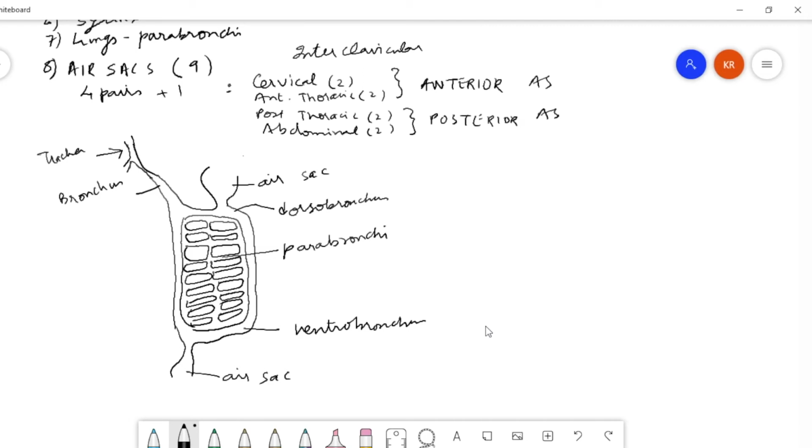So actually, unlike the diagram which I have shown over here, the parabronchi is a tube. It is open on the left side also, open on the right side also.